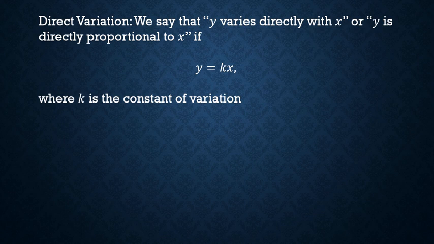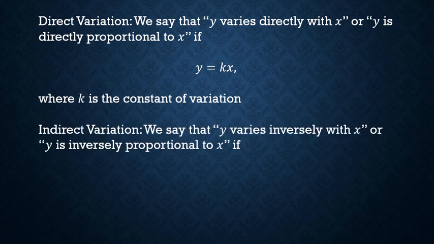You can see that this looks like a linear equation. This is what we mean by it varies directly. As x changes by something, y changes in the same way. So this is the general model that we use to show direct variation.